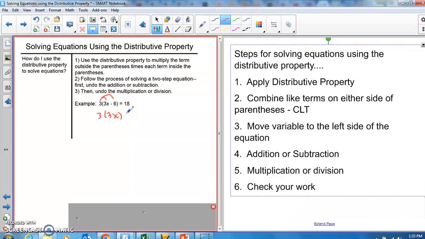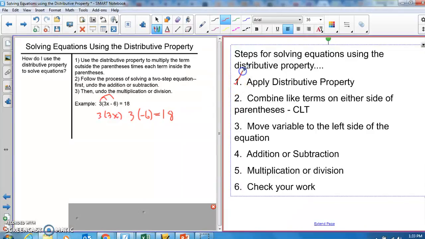So we're going to have the 3 times the negative 6. And as you'll notice, I'm not really putting plus signs or minus signs that are in the parentheses. I'm just kind of working through it with the distributive property. So equals 18.